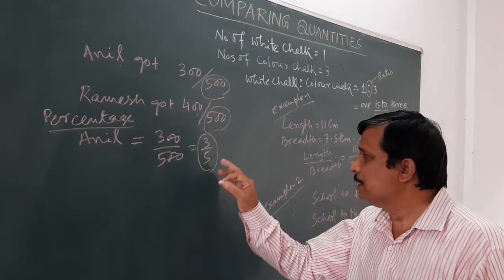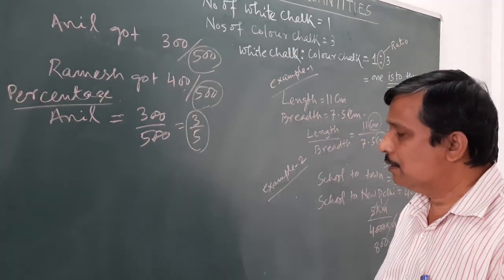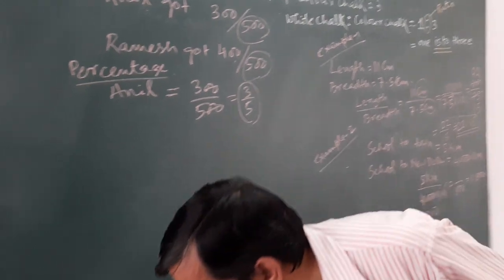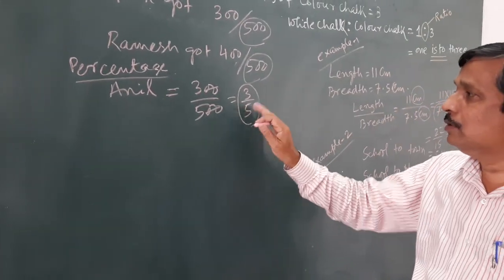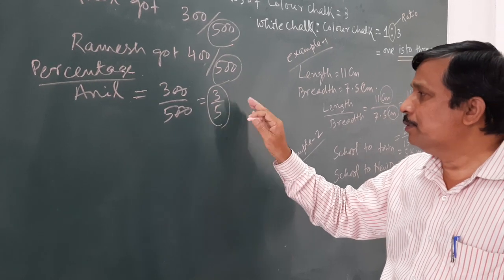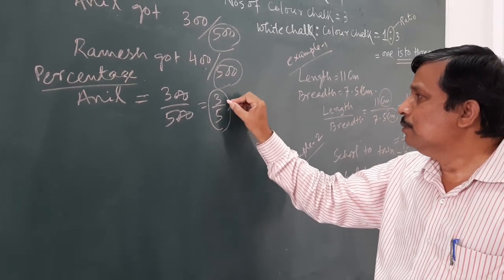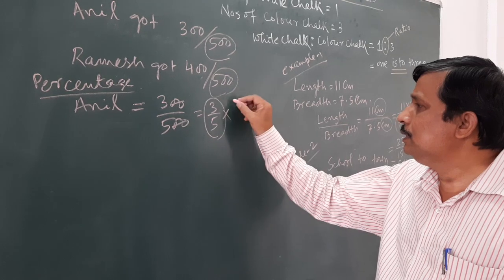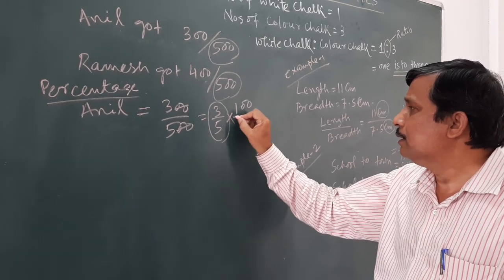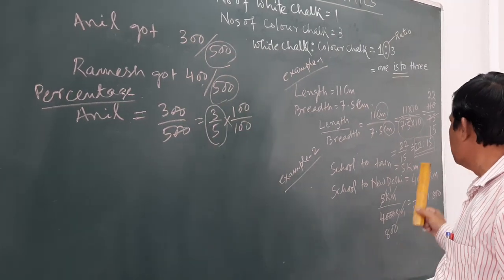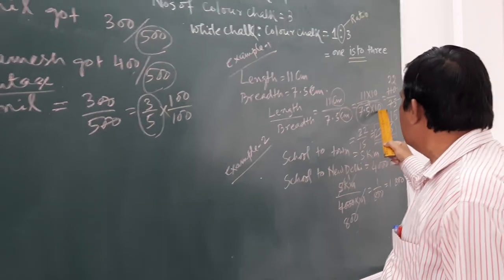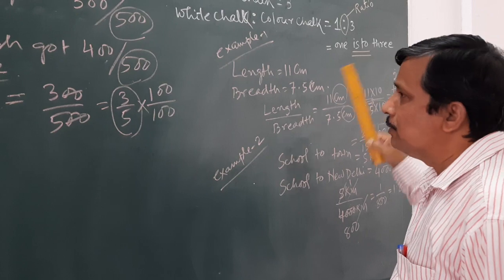So this is the other way. When you are converting to percentage, at that time you are finding out of 100. So you multiply both the numbers by 100, so that there will be no difference. Just like if you multiply by 10 here, you have to multiply this number by 10.